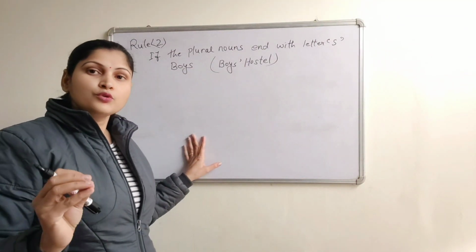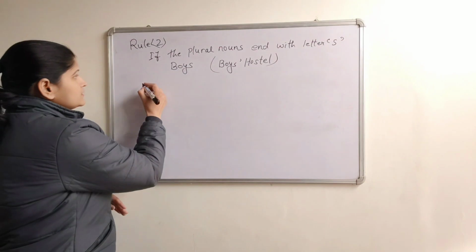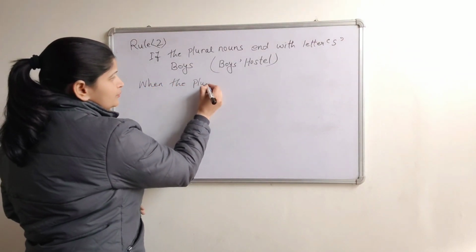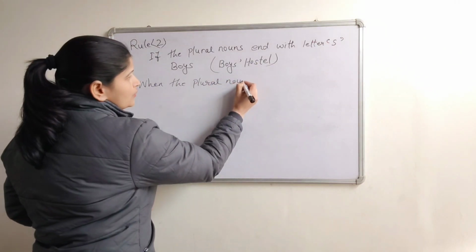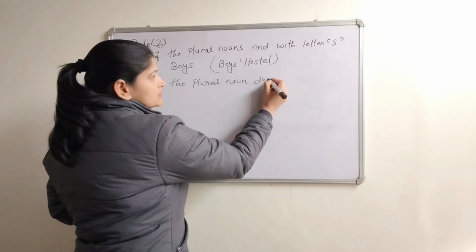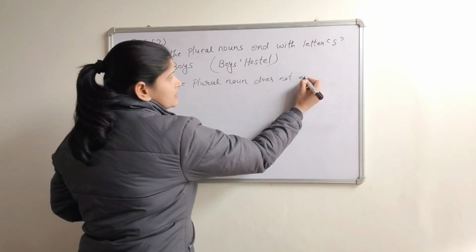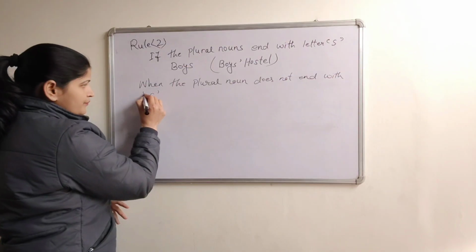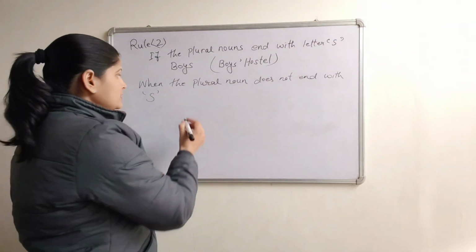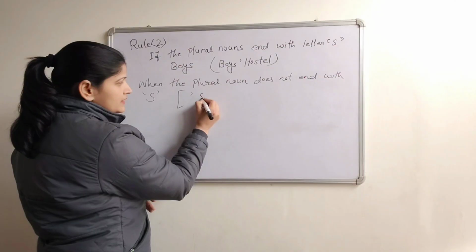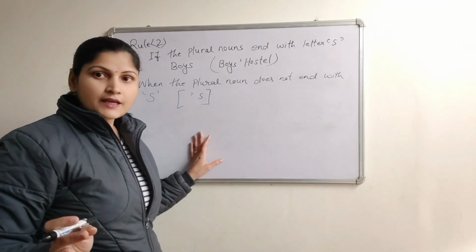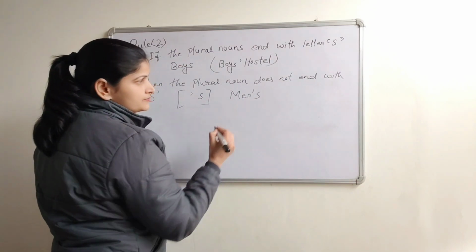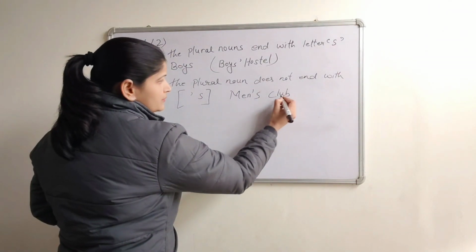But when the plural noun does not end with S, then put apostrophe S. For example, men's club.